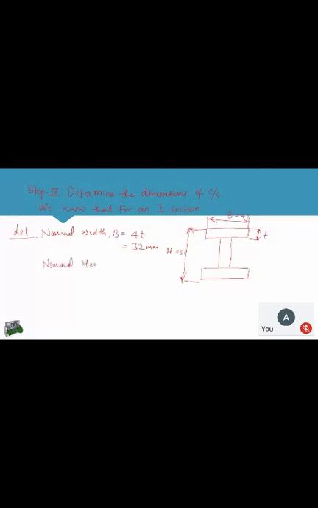Nominal height H is 5t, which is 40 millimeter. Thickness of web is t, it is 8 millimeter.